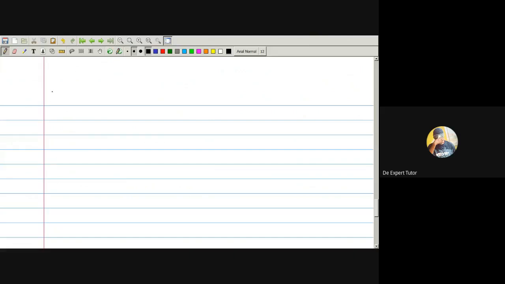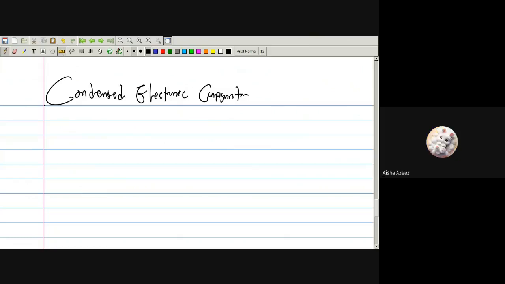Now pay attention. We have some short notation, which I call condensed electronic configuration. Have you seen the periodic table before? We write condensed electronic configuration based on our group 8 elements, or group 0 elements.